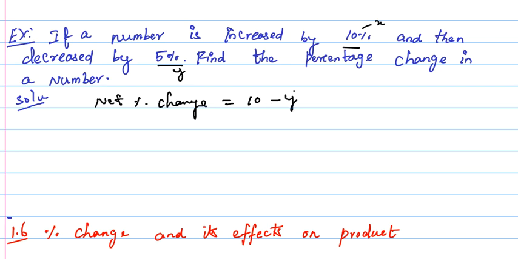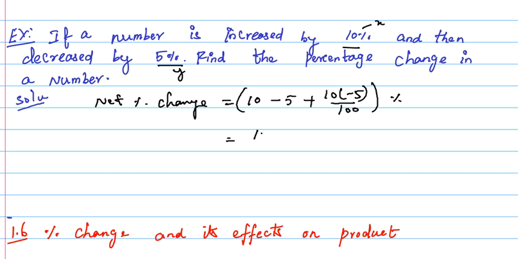Here y is nothing but 5. The second percentage is decreased, so for that I have put a negative symbol. So 10 minus 5 plus 10 into minus 5 divided by 100. After doing this process, you have to put percentage.